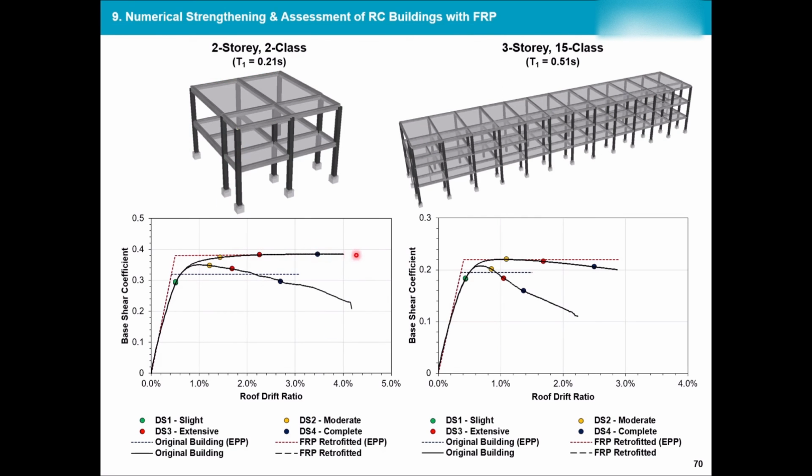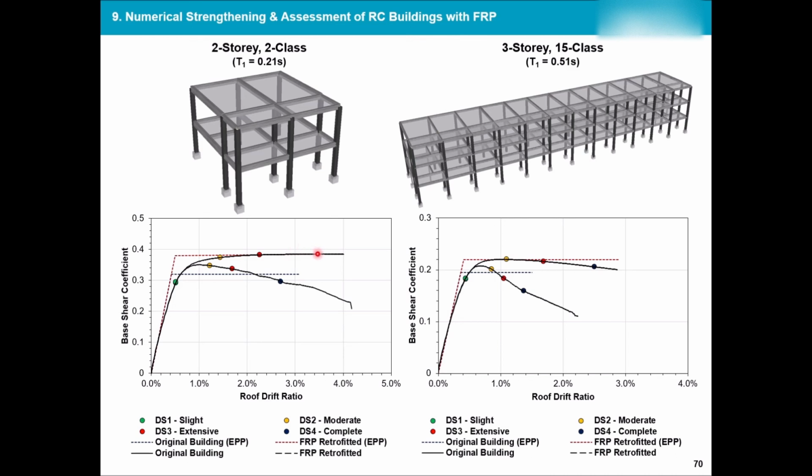Now, we analyzed the schools with a simple pushover analysis, and this line, the bottom line, is, let's say, the original building. Now, adding the FRPs only to the columns, as you can see, we have a little bit of improvement in terms of strength, and a little bit of improvement in terms of ductility, and we have shifted the failure. Let's say this is the damage limit state for complete collapse, which was at this point, let's say 2.8% of roof drift.